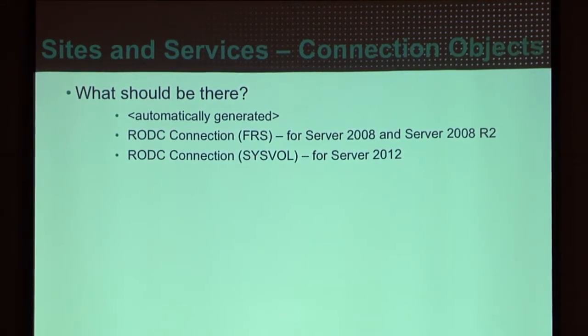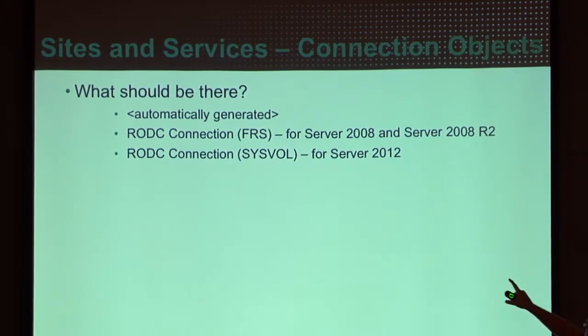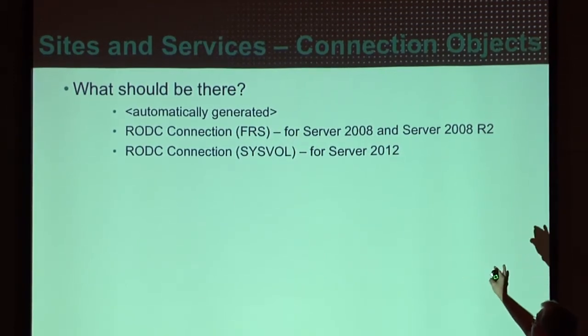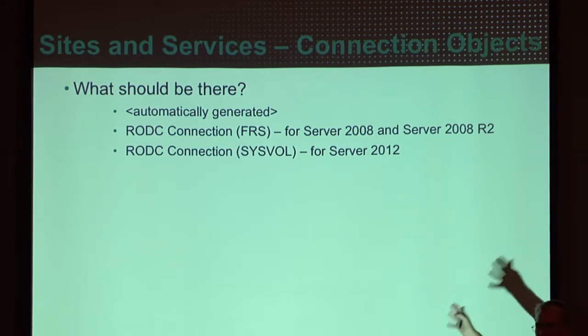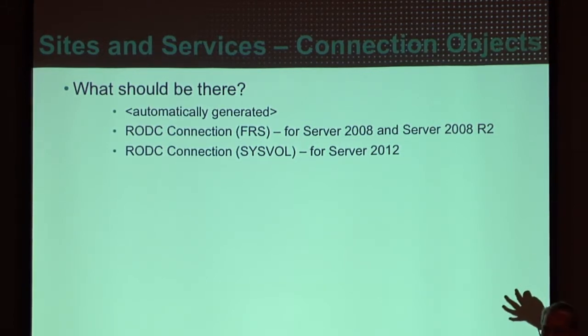Now, I'm taking this to be because in my 2008 and R2 labs, everything was at the default. So the DFL was 2003, FFL was 2003, so it was not able to use DFSR for sysvol replication.